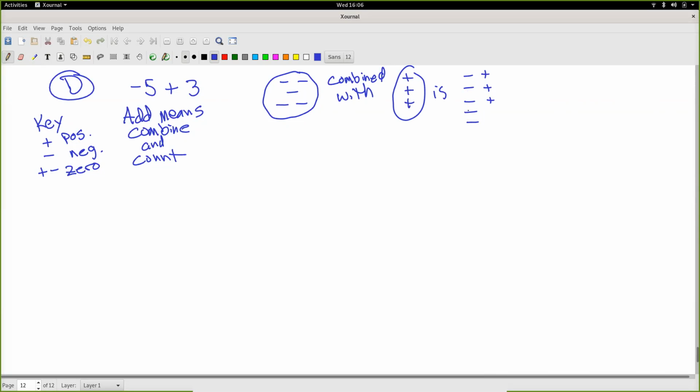One, 2, 3, 4, 5. 1, 2, 3. Okay. So I'm gonna circle that as my new set. But I could rewrite that as just two negatives, since I have 1, 2, 3 zeros there.